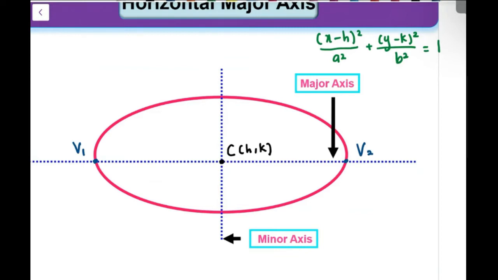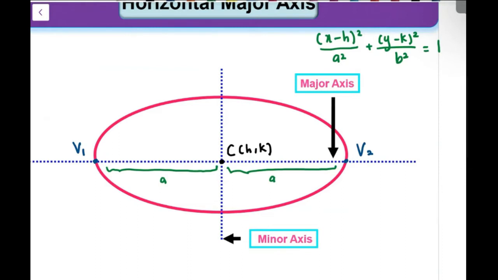We can find them from the center, because the fixed distance from the center to the vertices parallel to the x-axis is a. The distance from the center to the major vertex in this case is always a, if it is parallel with the x-axis.